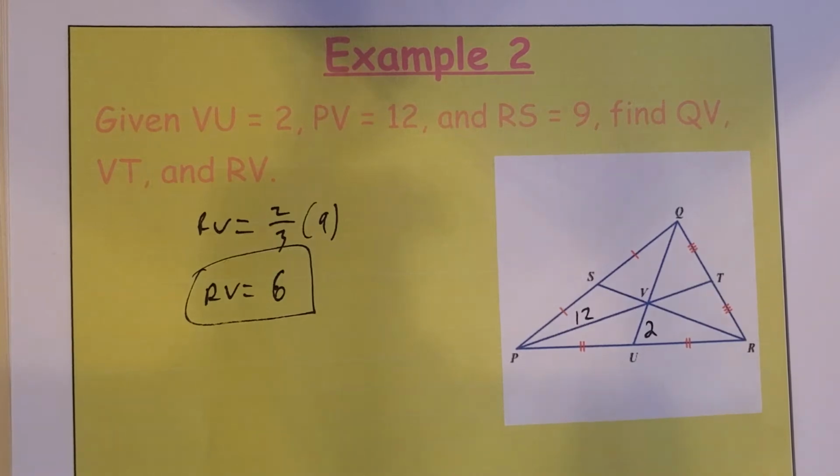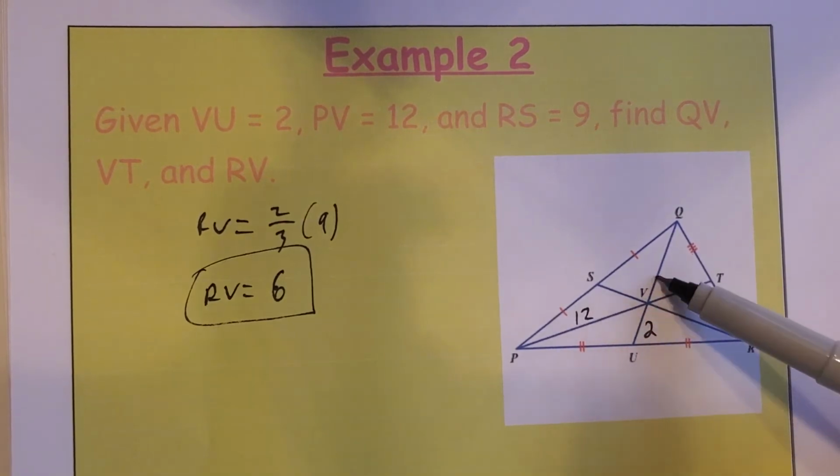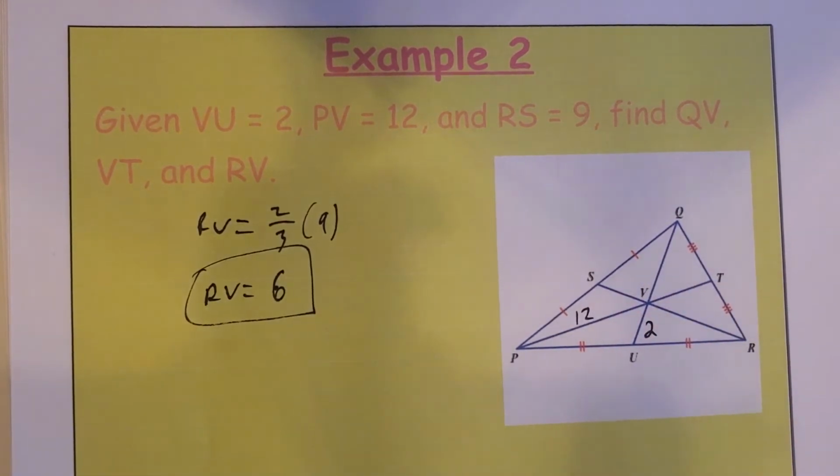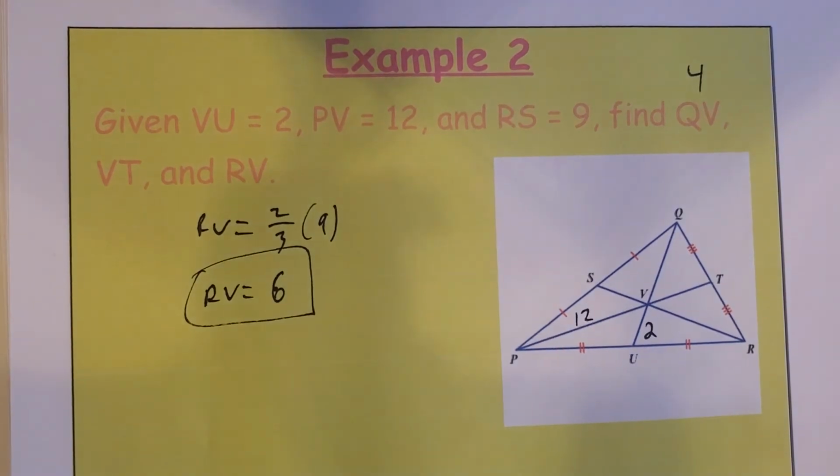If you double 1/3, you get 2/3. You might have had a question like this on your homework, I think it was Thursday, that asked you to find these certain scale factors. So QV is going to be double VU, which you don't even need to set up an equation for. 2 times 2 is 4.